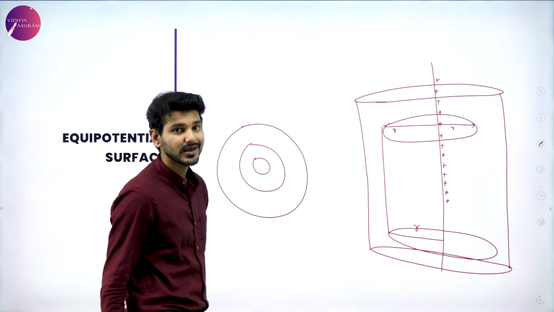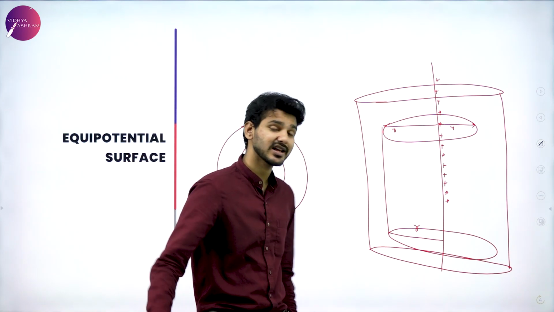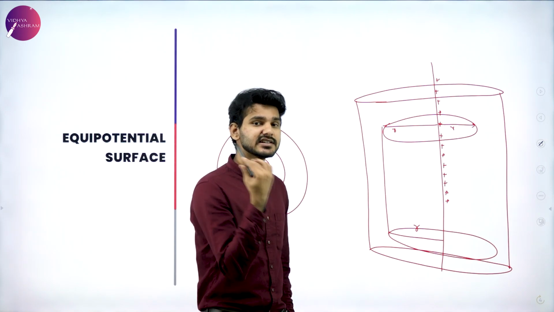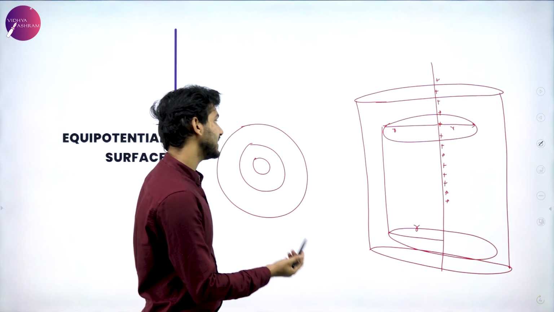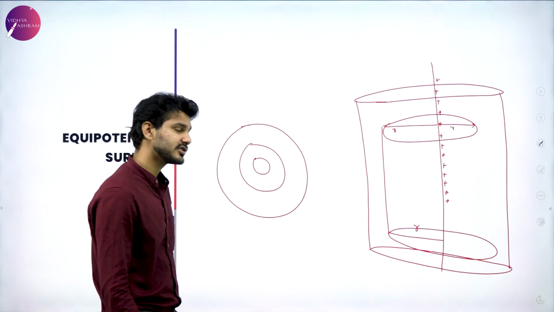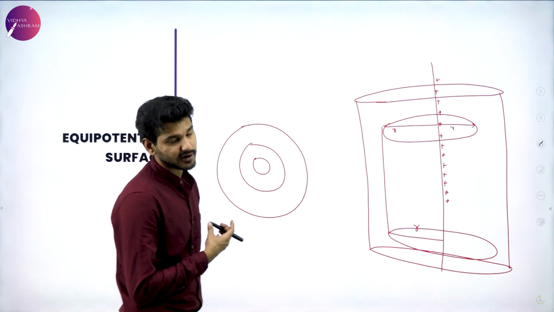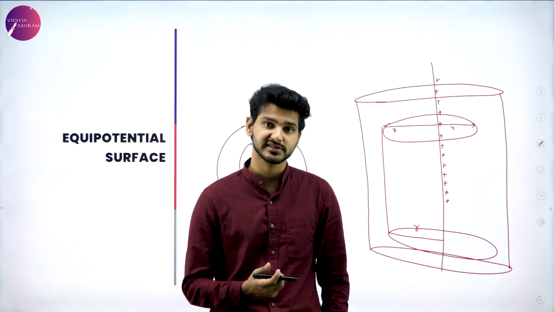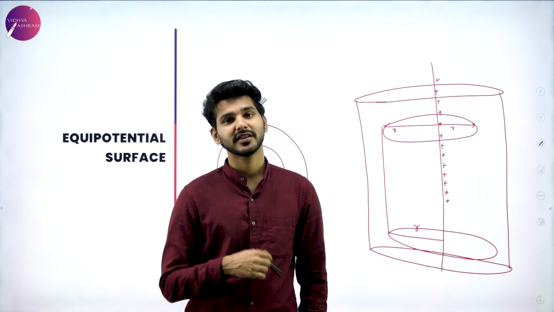Only the radius will be increasing. In terms of a charged line element, it will be concentric cylinders repeating with increasing value of R. So this is all about equipotential surfaces for now. We will discuss in detail the basic properties of equipotential surfaces and the energy in the coming classes.